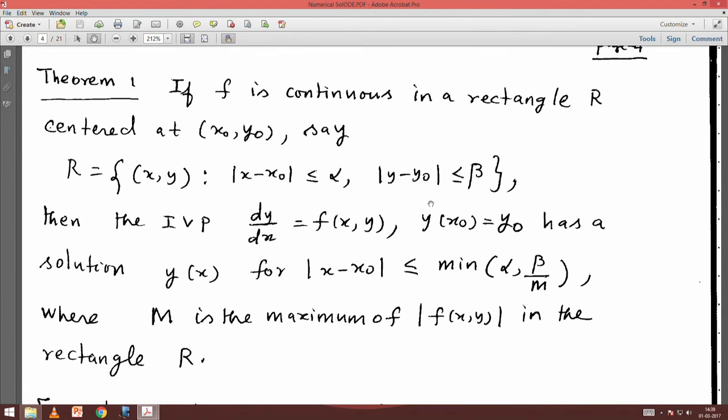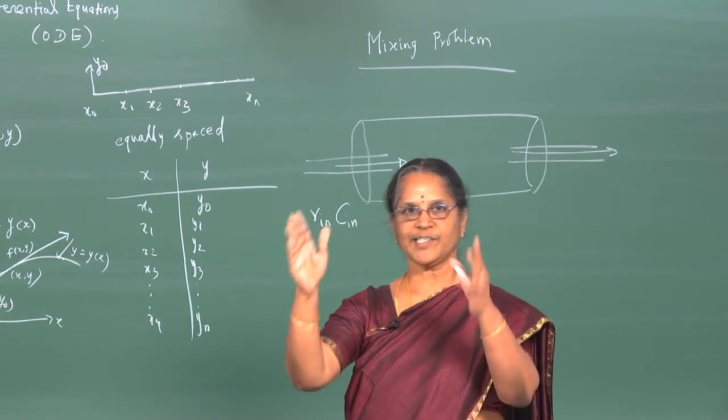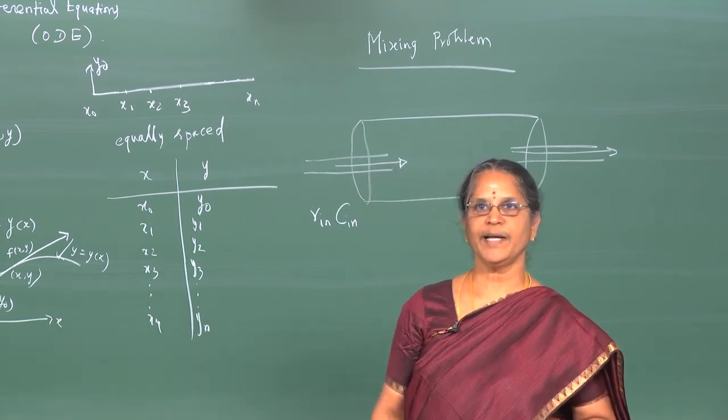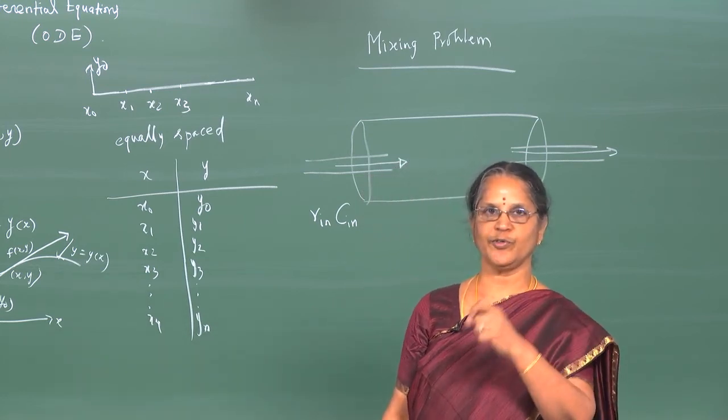How are you going to describe this rectangle R? This rectangle R is the set of all points x comma y such that mod x minus x naught is less than or equal to alpha and mod y minus y naught is less than or equal to beta.